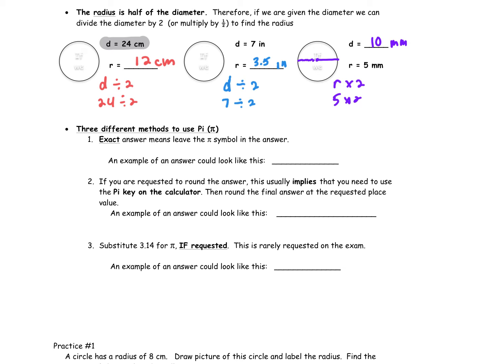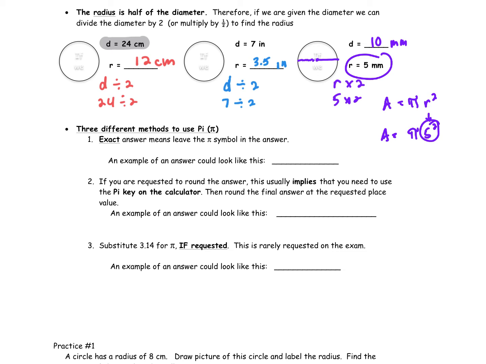So if I took this example with a radius equaling 5, the formula, if we had area equals pi r squared, well, I would substitute 5 and square it, and then pi would be there. Area equals pi times 5 squared.